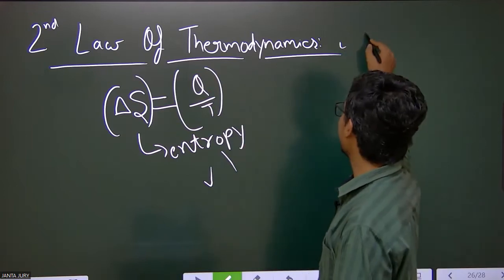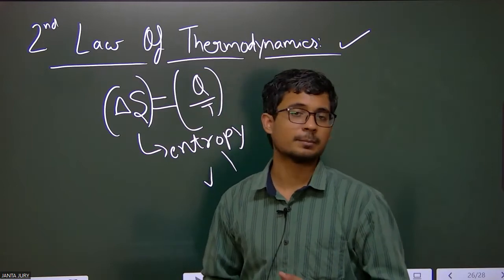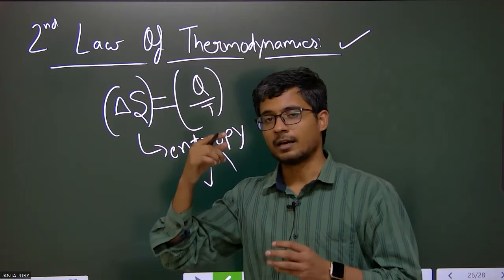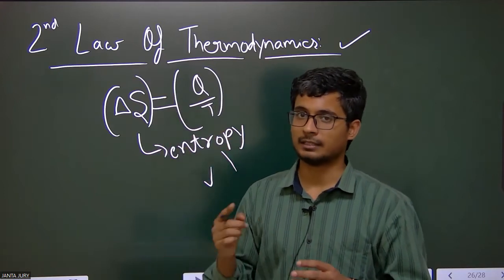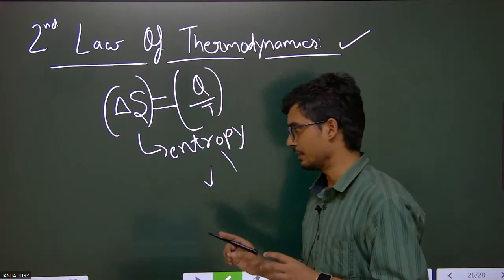This is what the second law of thermodynamics states. First is about the conservation of energy. Second is about energy at higher temperature having higher significance. It gives the direction of the flow of energy.